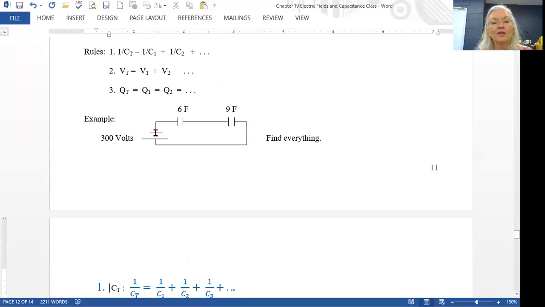If the energy starts at the battery, as it moves around the circuit, it'll go through the 6 farad capacitor and the 9 farad capacitor and back to the battery. If we know our battery's value is 300 volts and one of our capacitors is 6 farads and the other is 9 farads, let's find out everything we can about this.